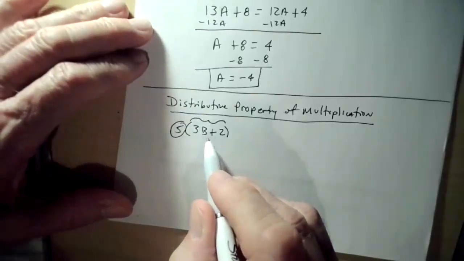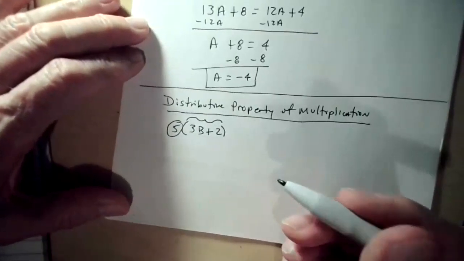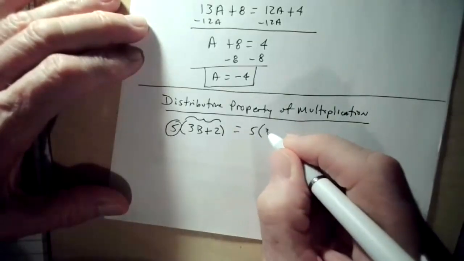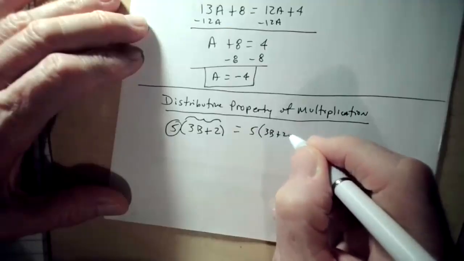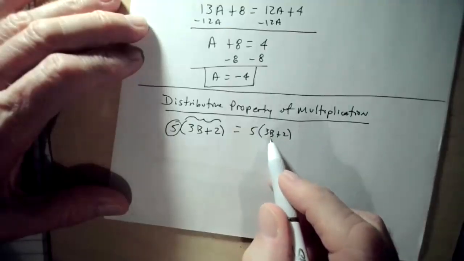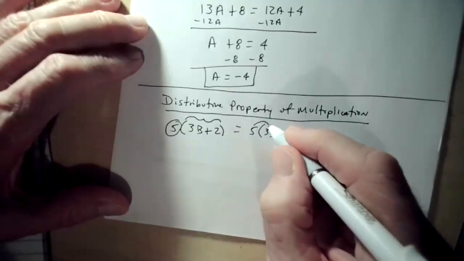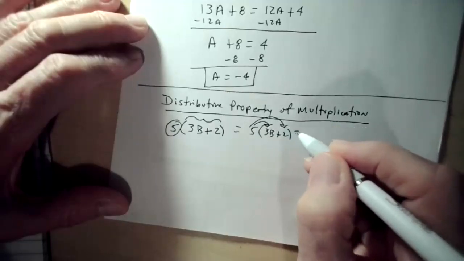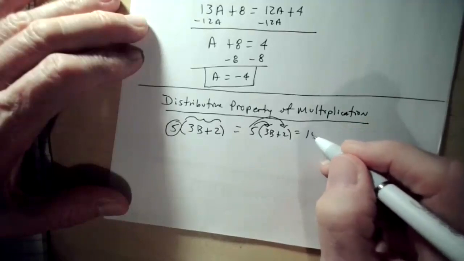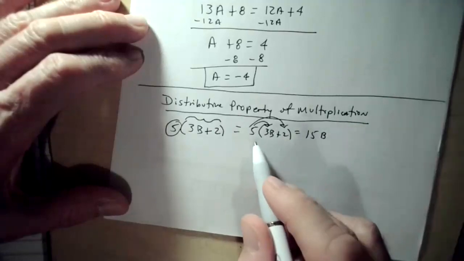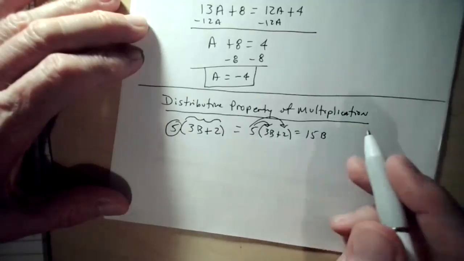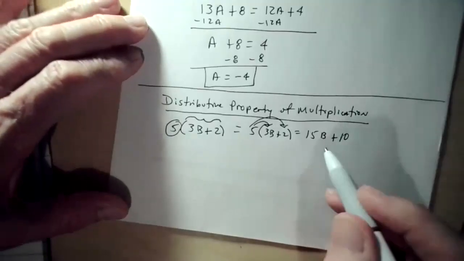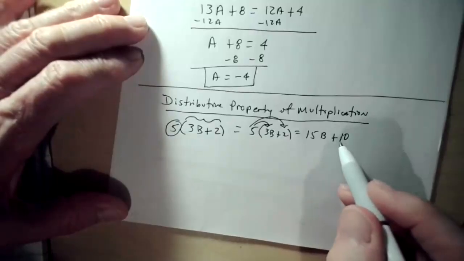The only thing is there's 2 numbers in there. So let me rewrite this. We multiply 5 times each one of these things in here. 5 times that, and 5 times that. So that's 15b, okay? 5 times 3b, 15b, plus 10.